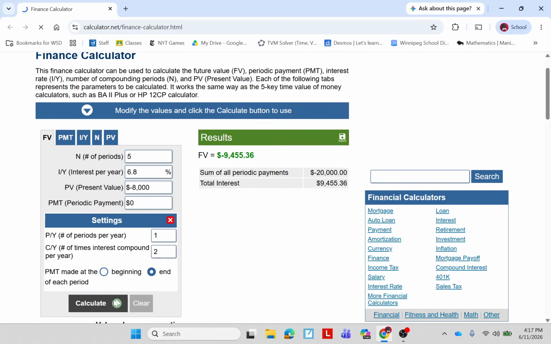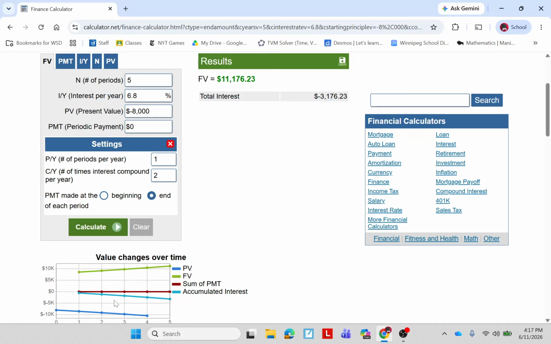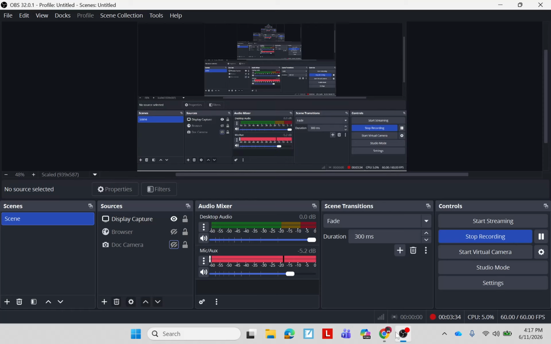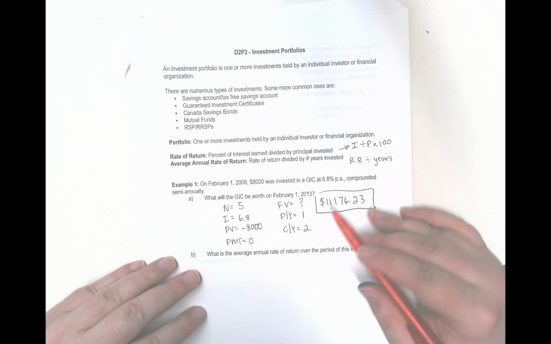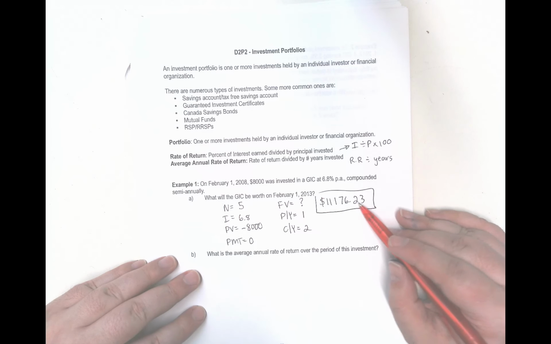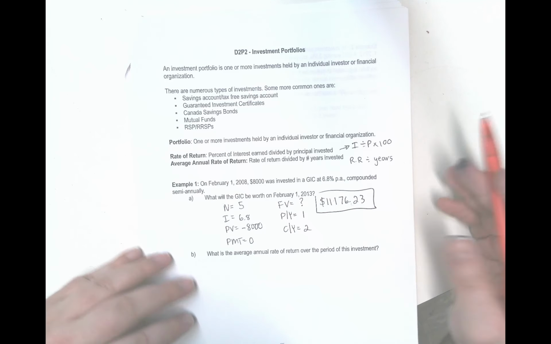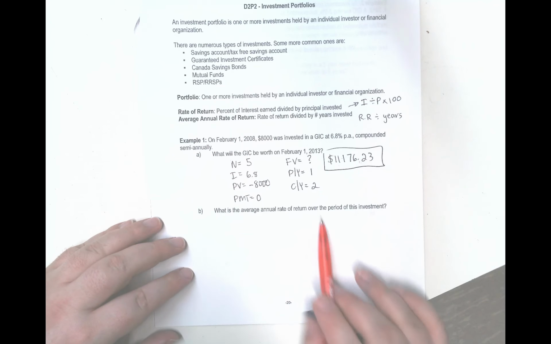So we'll hit calculate, and we get a future value of $11,176.23. So that is how much it will be worth after 5 years. All right, so I got my answer written down here. Again, don't forget your dollar sign. Don't forget to round your answer to 2 decimal places. But like I said, the financial calculator does that for you.